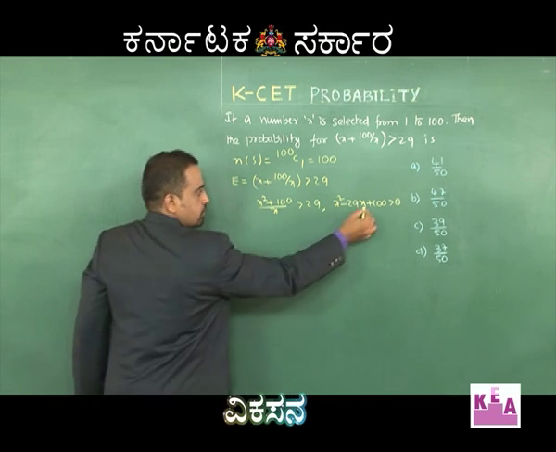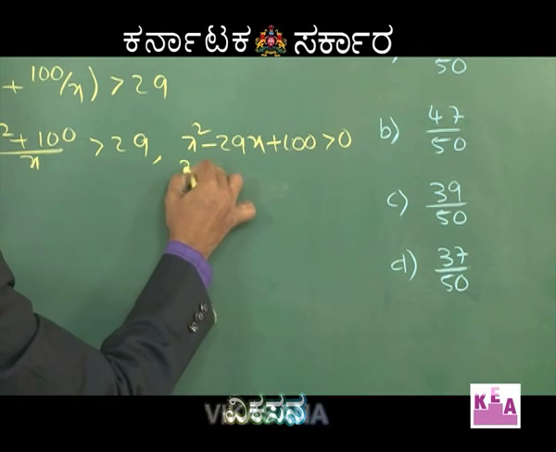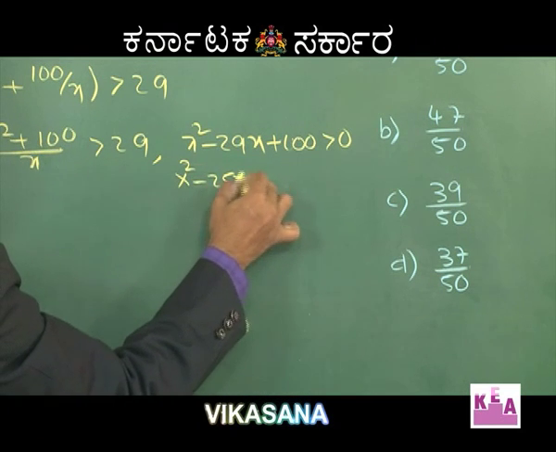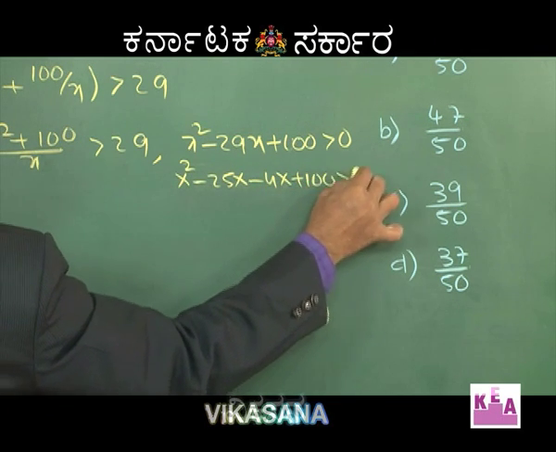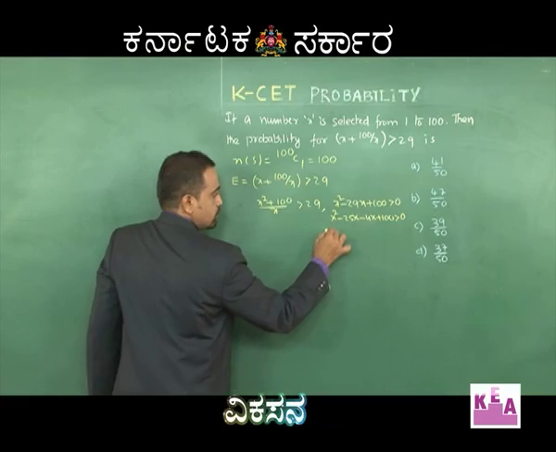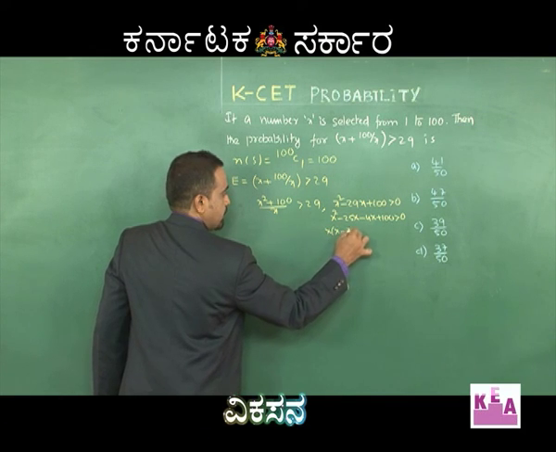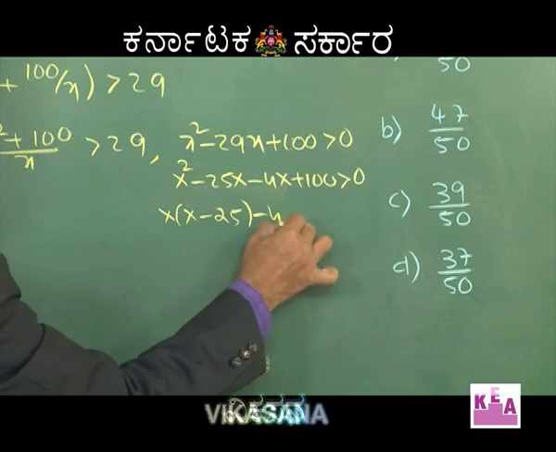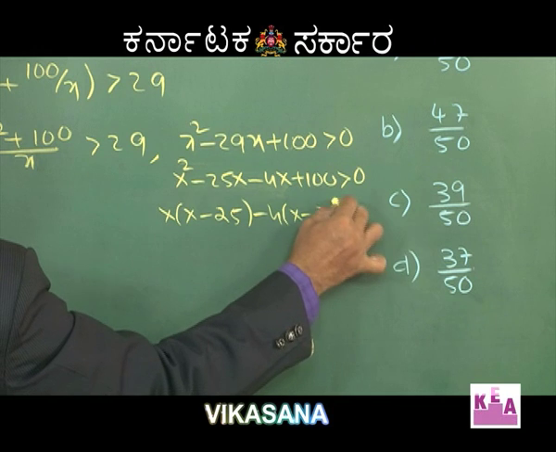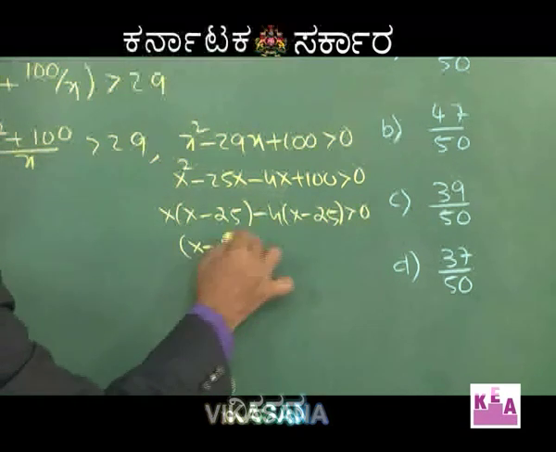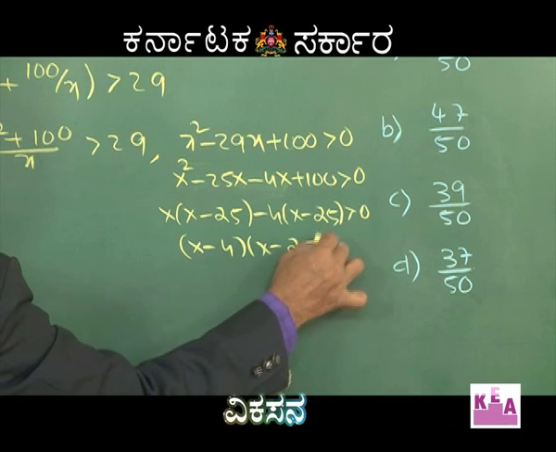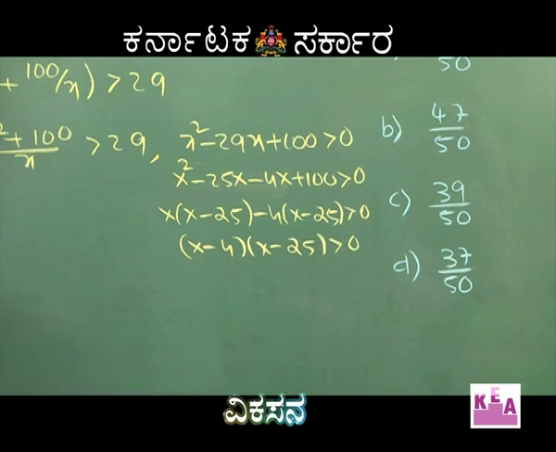For factorization, x square minus 25x minus 4x plus 100 greater than 0. This is x into x minus 25, minus 4 into x minus 25, greater than 0, which means x minus 4 into x minus 25 greater than 0.